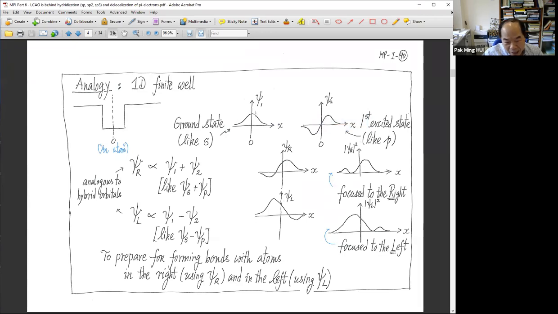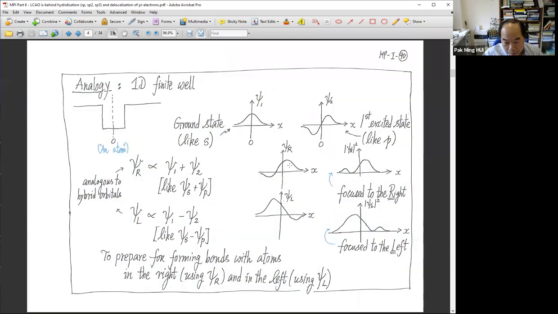So the positive side added to the positive side will be more positive. The positive side competing with the negative side will give me some negative part, okay?